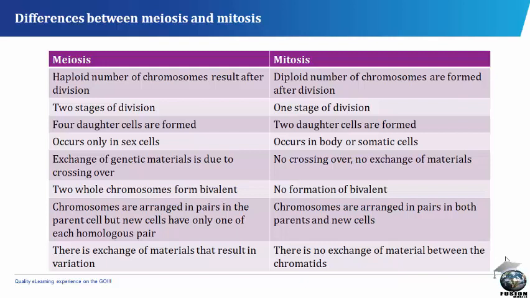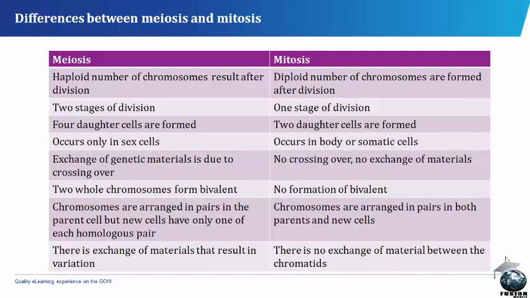5. Exchange of genetic materials is due to crossing over in meiosis, whereas in mitosis, no crossing over, no exchange of materials. 6. For meiosis, 2 whole chromosomes form bivalent, and for mitosis, no formation of bivalent. 7.